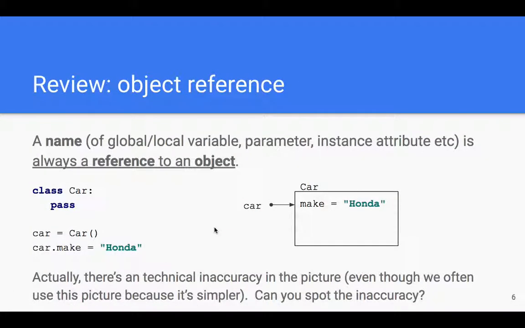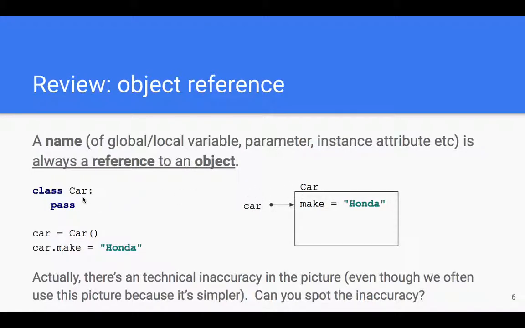Next thing is about object reference. A name or an identifier, a name of a global or local variable, a name of a parameter, a name of an instance attribute, is always a reference to an object. Or if you want to use the C++ terminology, it's always a pointer to an object.